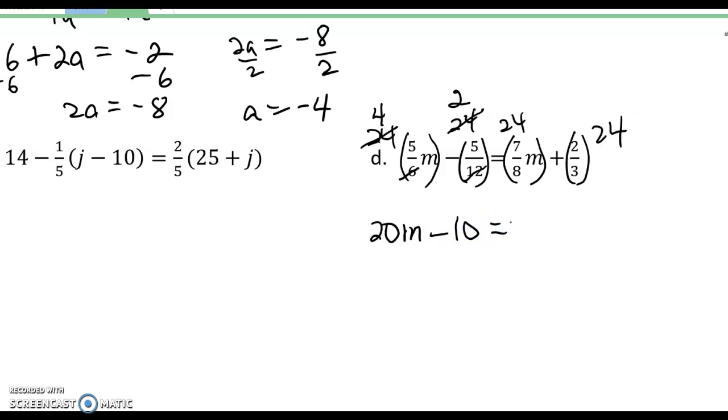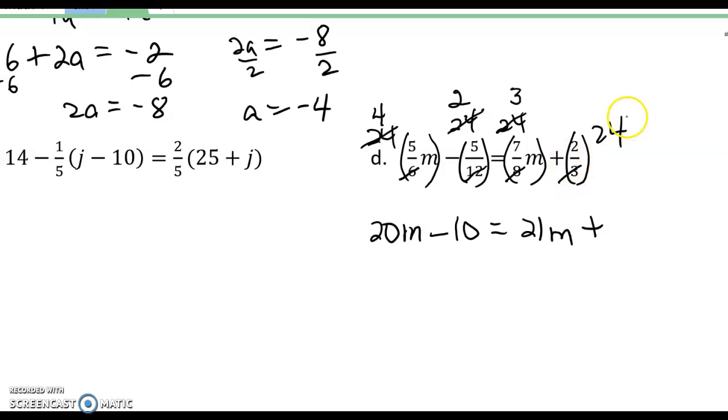The next fraction, 8, is going to cancel. I'm going to divide 8 into 24. Up top where the 24 is, it's going to reduce down to a 3, because 8 goes into 24 3 times. I'm left with 3 times 7 times m, 21m. This 3 is going to cancel.